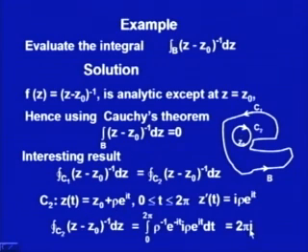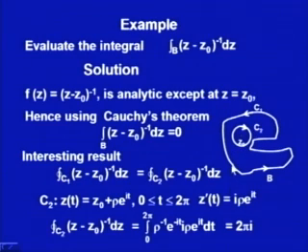I am getting 2 pi i. This says that rho is immaterial, and since the Cauchy theorem says that the integral along the whole boundary of this multiply connected domain should be 0, whatever this outer contour C1 is, I can always make it equal to the integral along this inner contour C2.